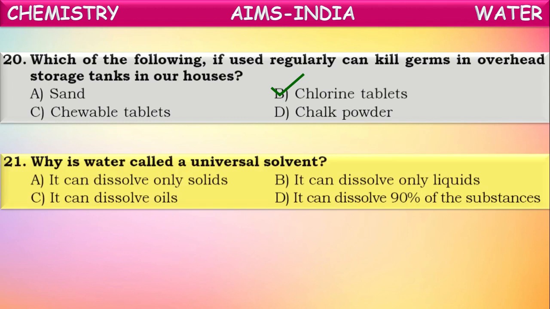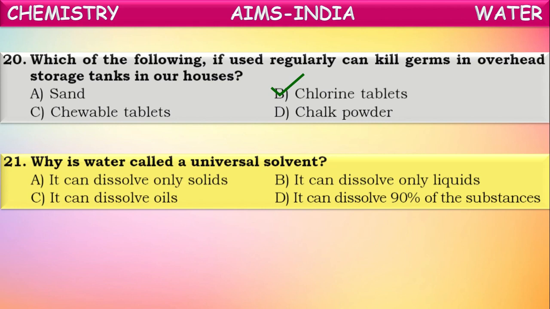Next, why is water called universal solvent? We told earlier, water can dissolve many substances into it. Almost all substances dissolve into water except very few. Of course, some substances dissolve to a large extent, but some dissolve to a very small extent.